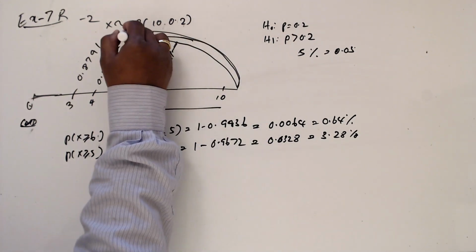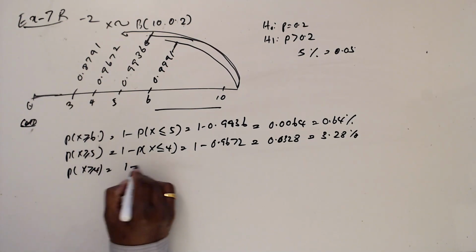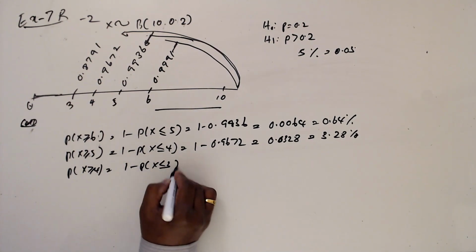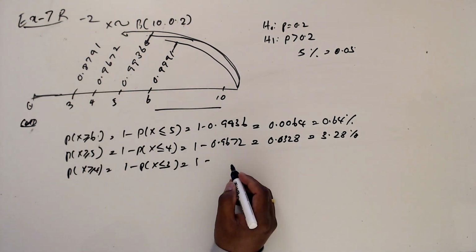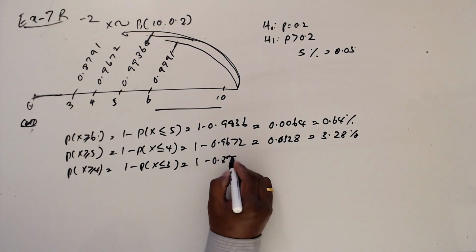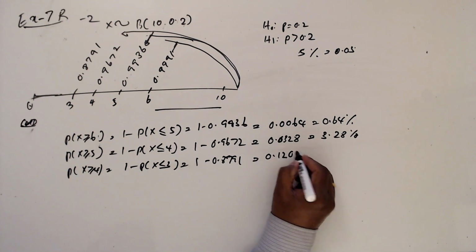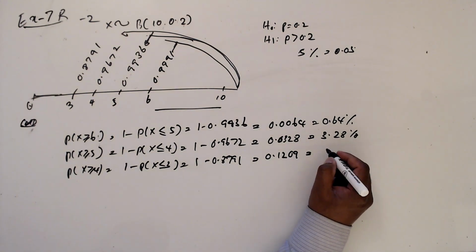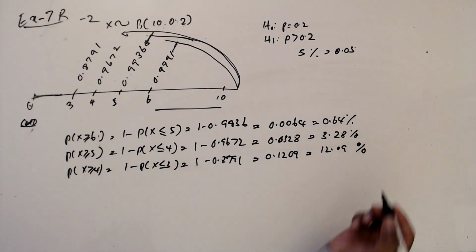When we go further, the probability of x greater than or equal to 4 is 1 minus probability of x less than or equal to 3. So 1 minus 0.8791 is going to be 0.1209, which is 12.09%, about 12%.